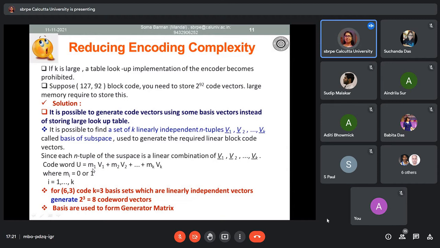m1 is the message bit for basis vector v1, m2 for basis vector v2, and so on: this is the linear combination up to mk times vk.